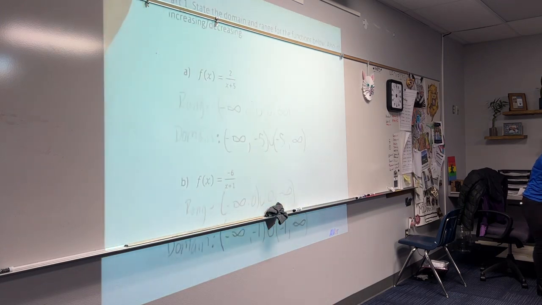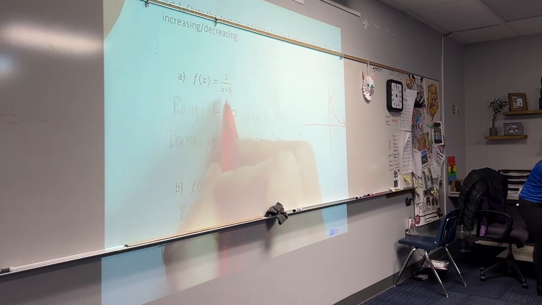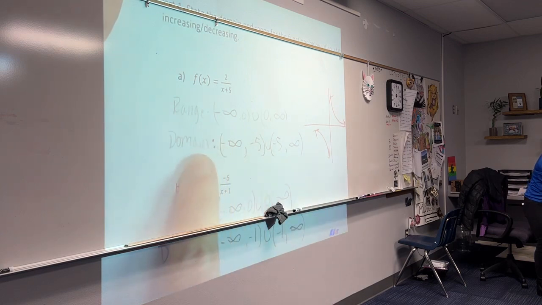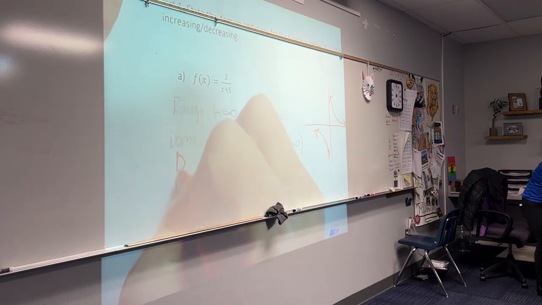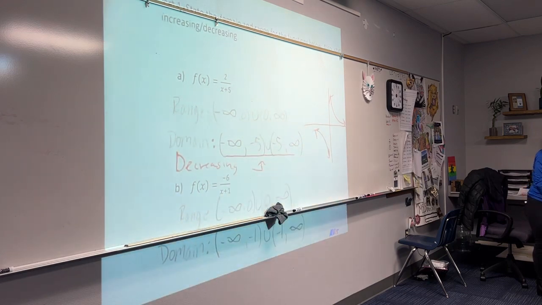Let's draw it. It is decreasing. This one's gonna look like this because it's positive over positive, so we're gonna have decreasing. Okay, and so you should have also said decreasing with the same exact answer as your domain.